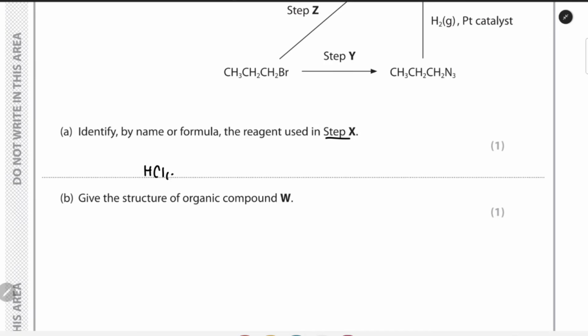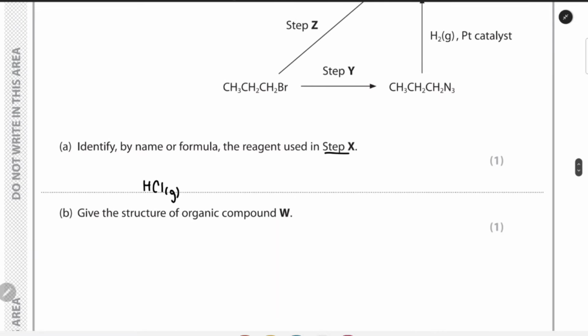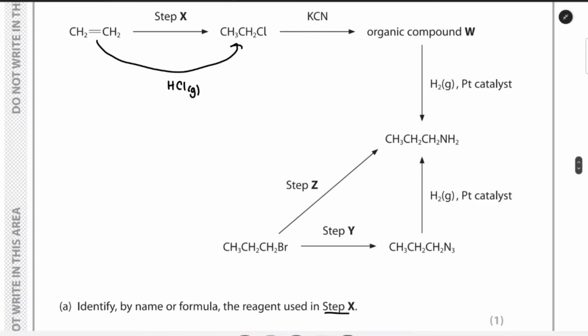So HCl gas. We cannot write aqueous since it's only applicable for gaseous. If it was HCl aqueous, other products might have formed. This product would have also formed in that reaction, so it can be allowed to write that, but this is the correct answer.